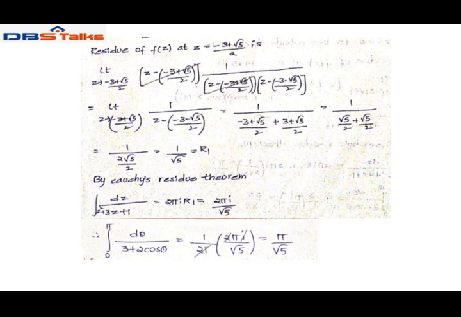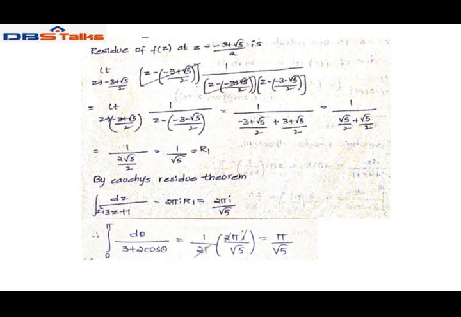Here substitute a is minus 3 plus root 5 by 2, that is limit z tends to a of z minus a into f of z, that means 1 by z minus 3 plus root 5 by 2 into z minus 3 minus root 5 by 2.